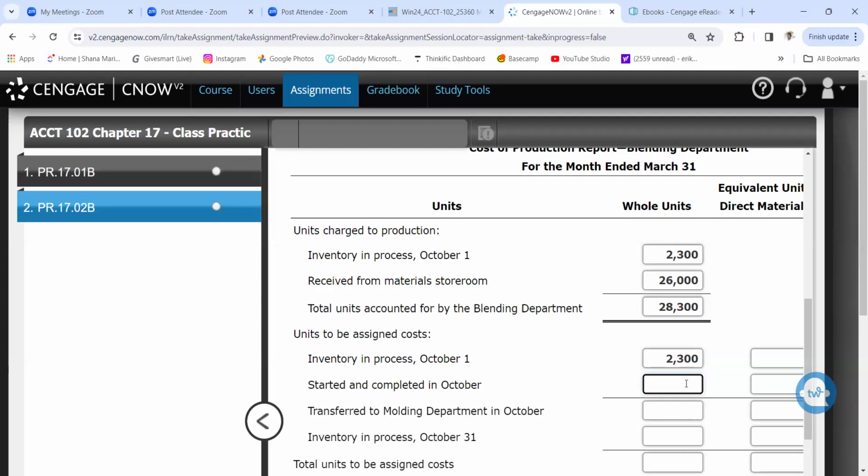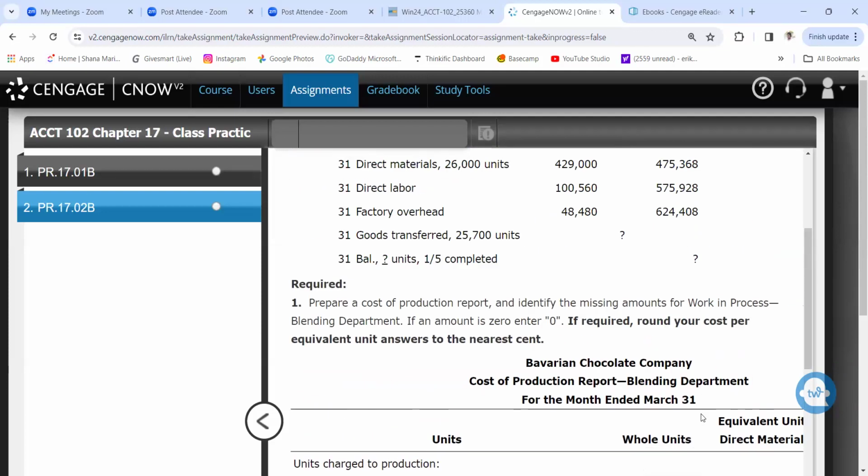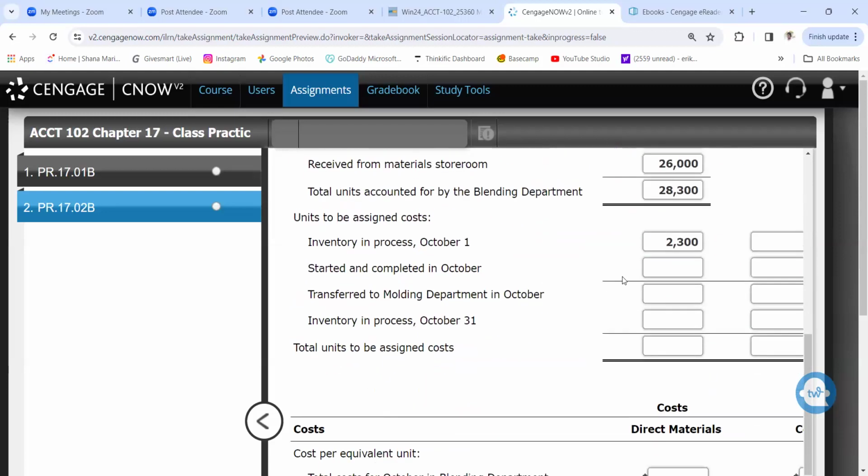We don't know what was started and completed, but guess what we do know? How much was transferred out? It gave us this number. And now, because we know how to calculate, we can calculate the missing numbers.